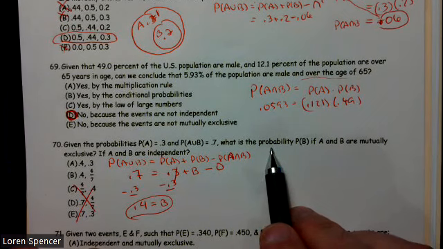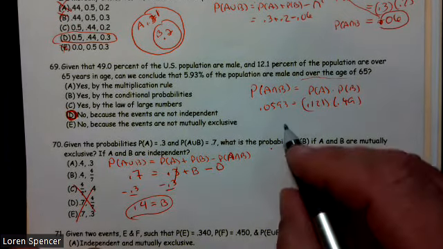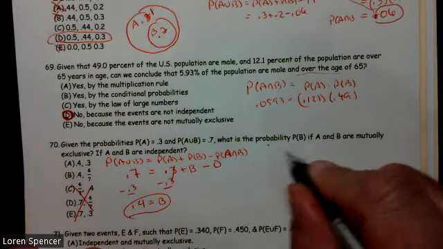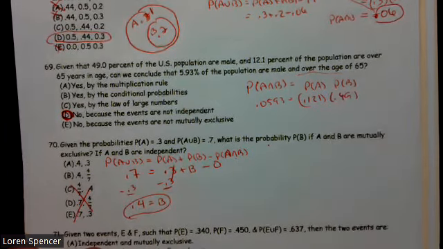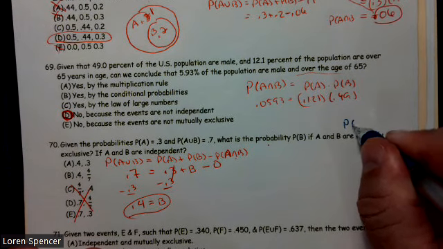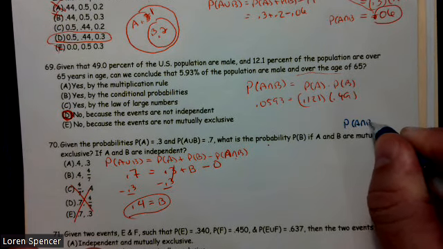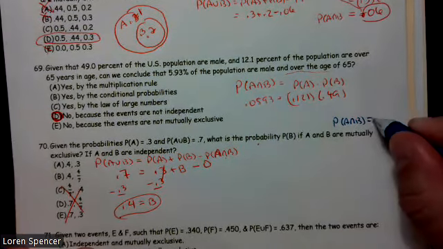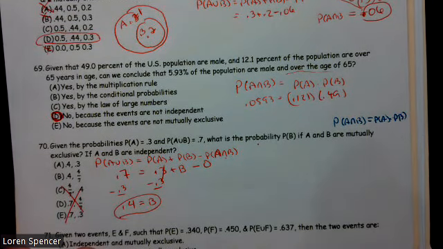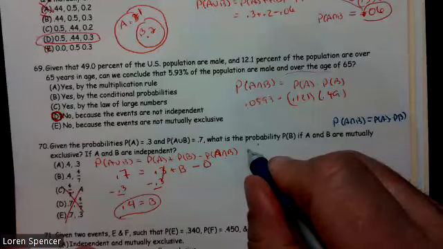What if they are independent? All right, well, I don't know B. So let's start off with our formula. First off, we do know this. The probability of A and B equals the probability of A times the probability of B. So let's write our general addition rule.